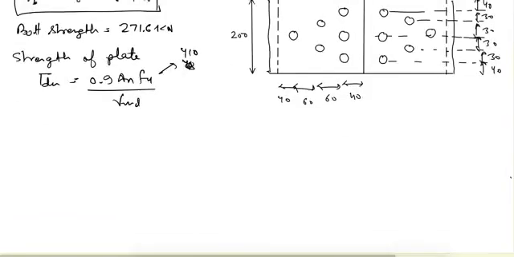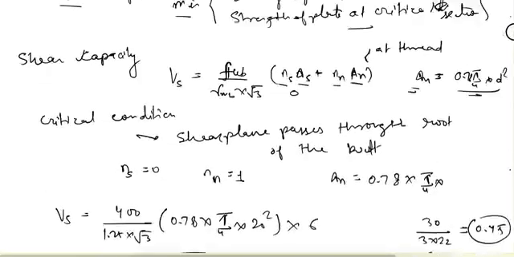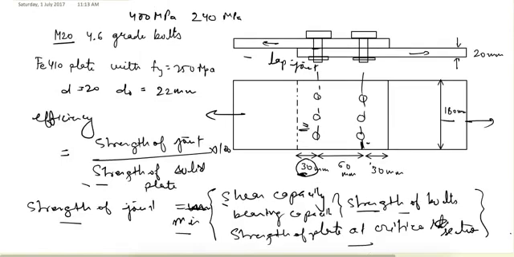Using that we can calculate the An, that is 0.9 into An, where the width is 180 minus 3 bolt holes, that is 180 minus 3 into 22, multiplied by the thickness, that is 20 mm. That would be our An.